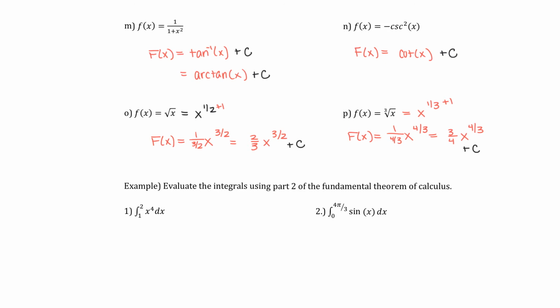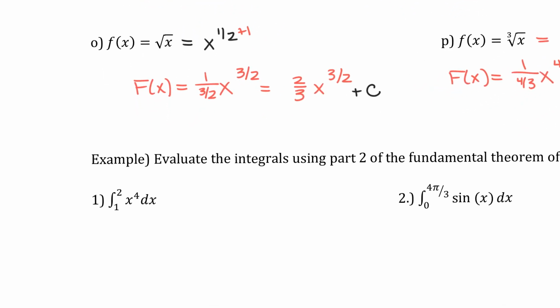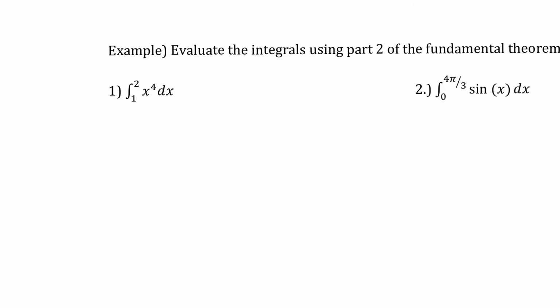So the first example says, evaluate the integral from 1 to 2 of x to the 4th. I'm going to make this a little bit bigger. So what I need to do is find the antiderivative of x to the 4th. So that will be x to the 5th, and then I need to have a 1/5 out front. And what I'm going to do is evaluate the antiderivative from 1 to 2. So this here is my evaluation bar.